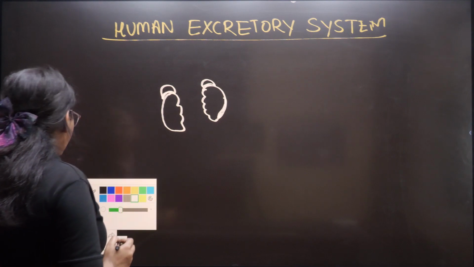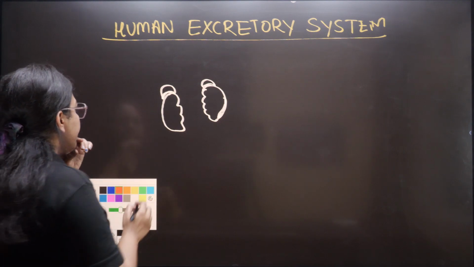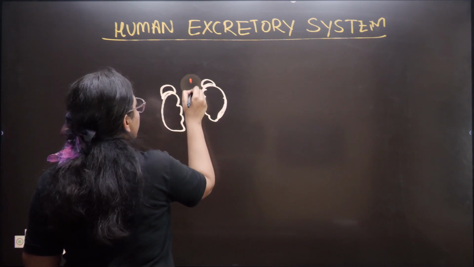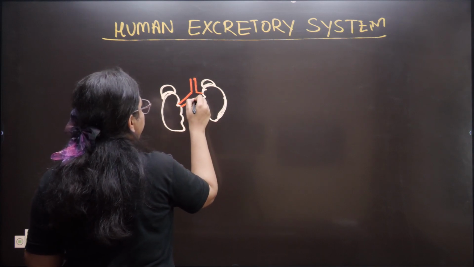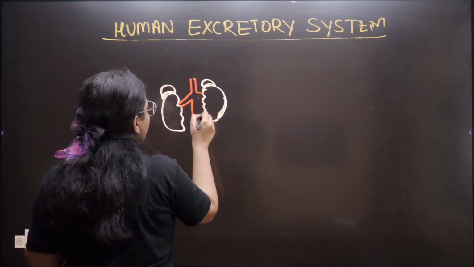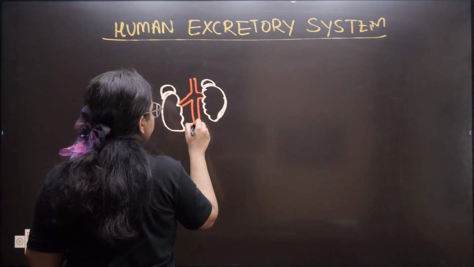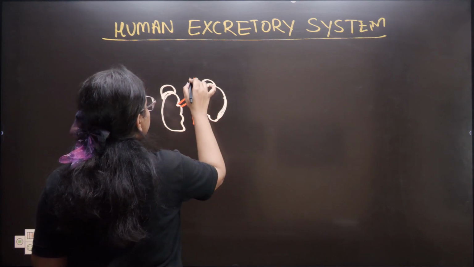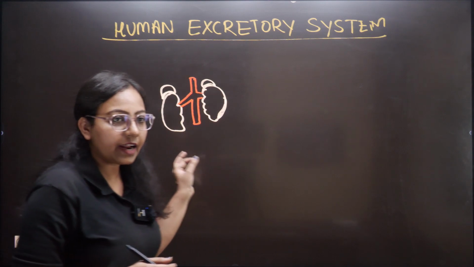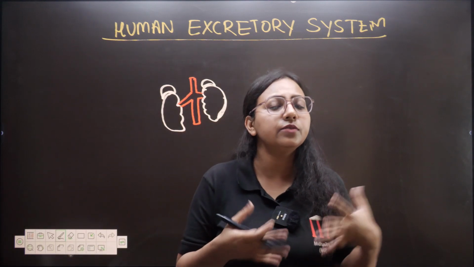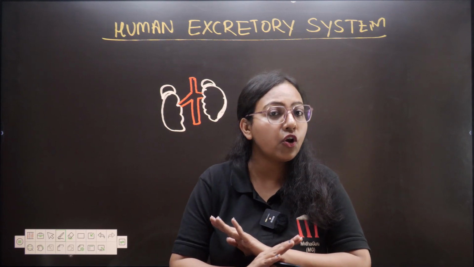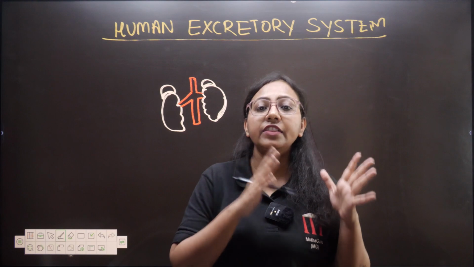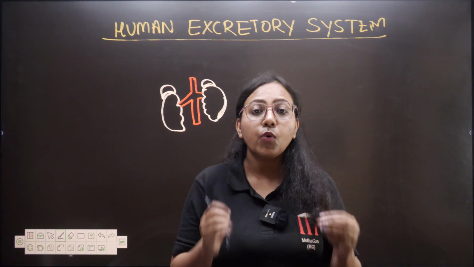Now we have a very important thing to draw, and that is the vein and artery. So first of all, this is the aorta. Here I'm drawing it with red and blue because I have those colors. When you have to draw this, you'll draw with a pencil, so you will not have the option to choose different colors. So what are you going to do?